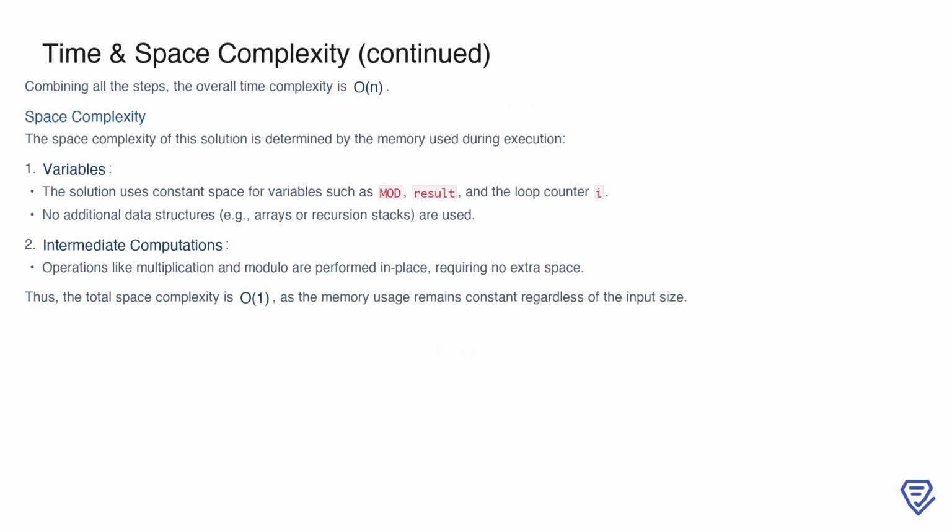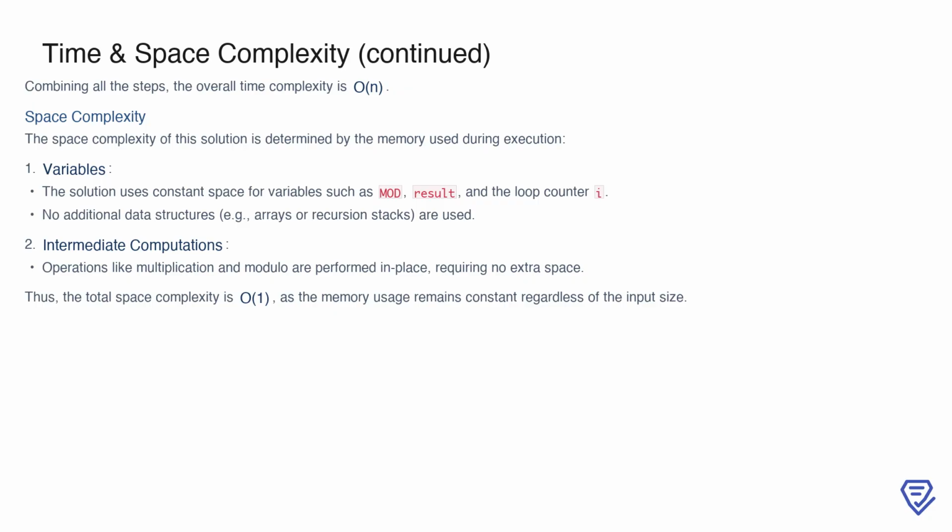Now that we've established the time complexity, let's discuss the space complexity. The memory usage of this solution is minimal and depends on the variables used during execution. Specifically, constants like mod, the result variable, and the loop counter all require fixed, constant space. Additionally, there are no auxiliary data structures being used, such as arrays or stacks, and no recursive calls that would require extra memory allocation.